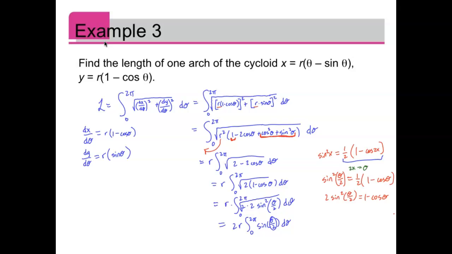So I take the antiderivative, which is negative cosine theta over 2, and divide by 1/2. Dividing by 1/2 is the same as multiplying by 2. So I end up multiplying by 2 and I get basically 4r times this from 0 to 2 pi.